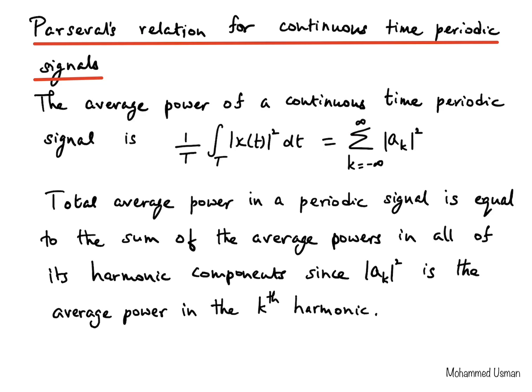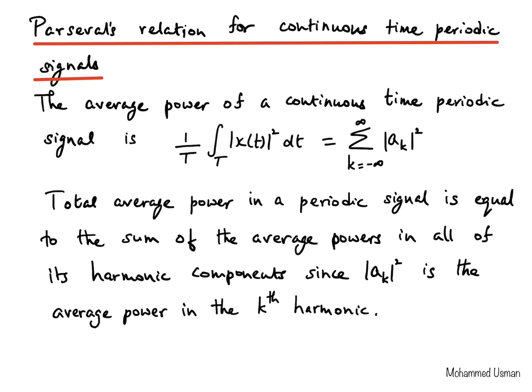So, if we have a periodic signal, we can compute the average power by this formula, and that average power is also equal to the summation of the squared magnitude of the Fourier series coefficients. So the average power of the signal, which is x of t magnitude squared integrated over one time period, averaged over the time period, is equal to the summation over all the k's of the magnitude of ak squared.